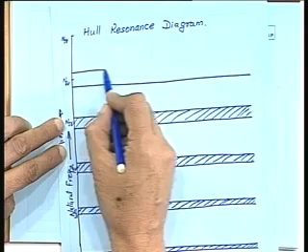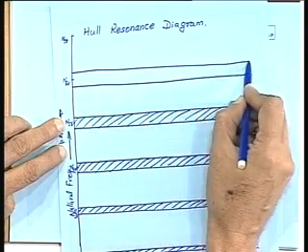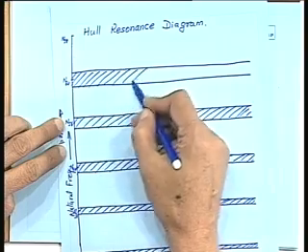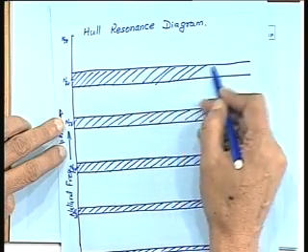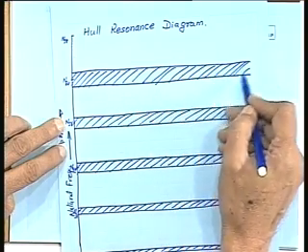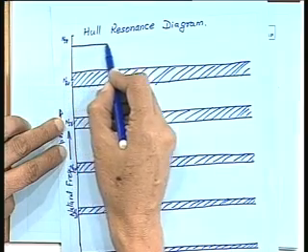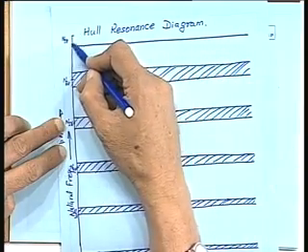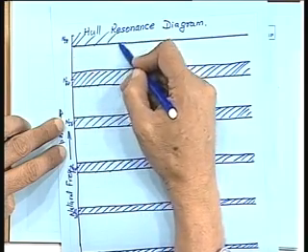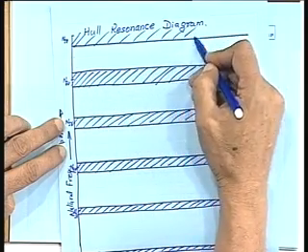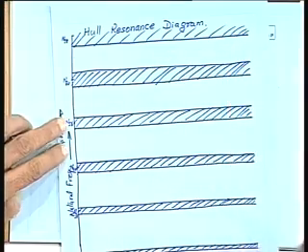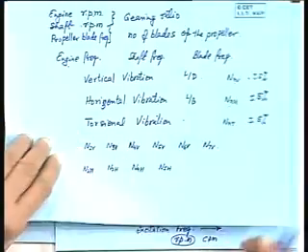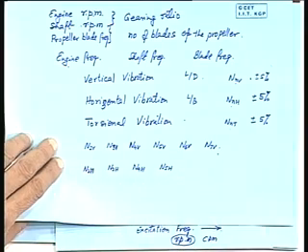If I draw here, then the entire thing is open-ended now. So this takes care of all the vertical bands.